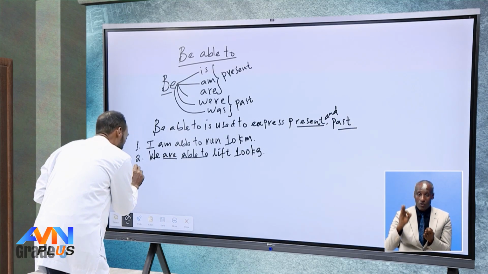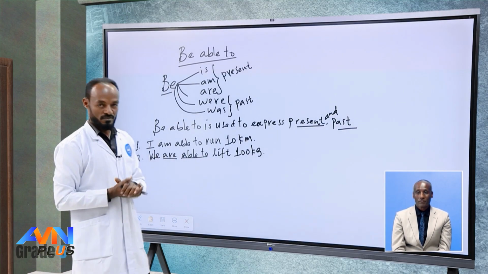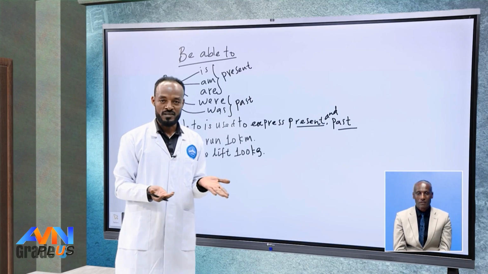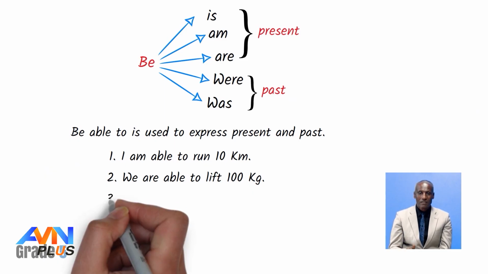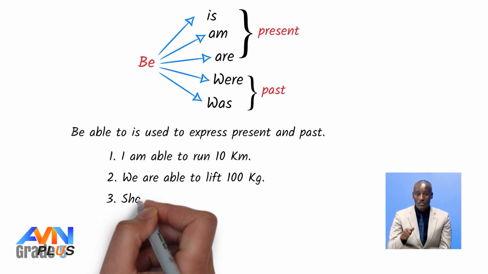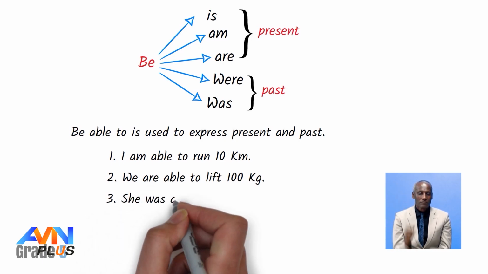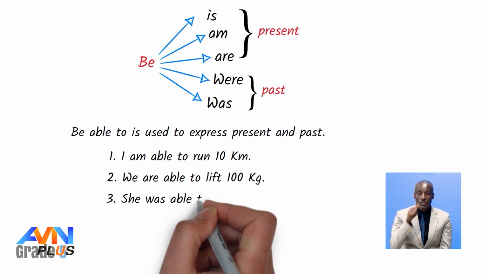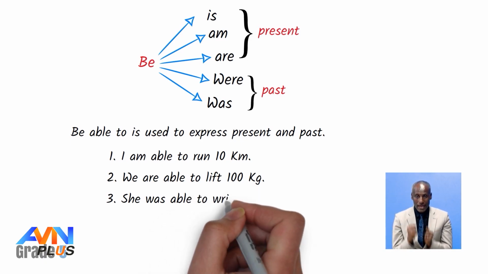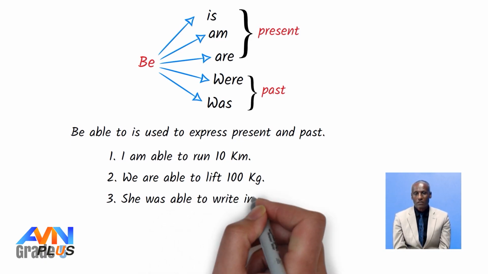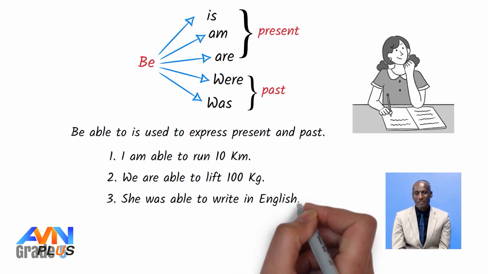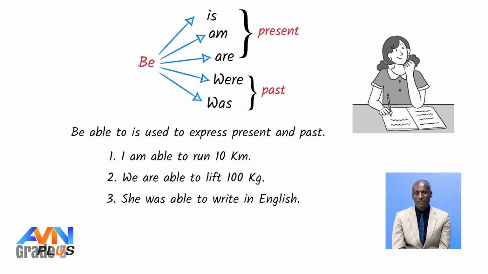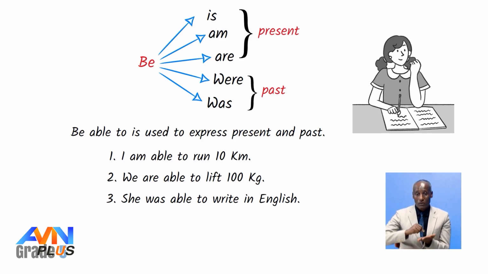Now, what if it is in the past? If it is in the past, I can say she was or were. She was able to write in English.